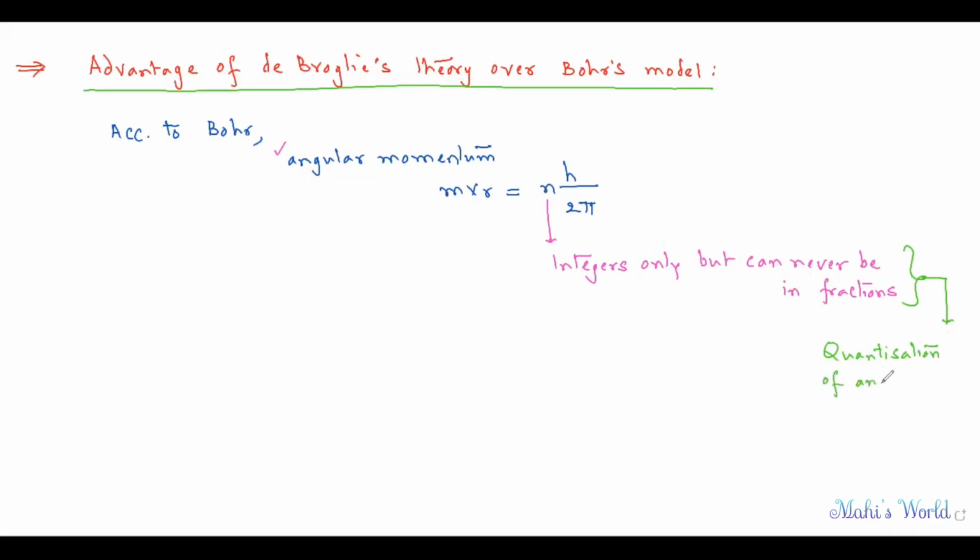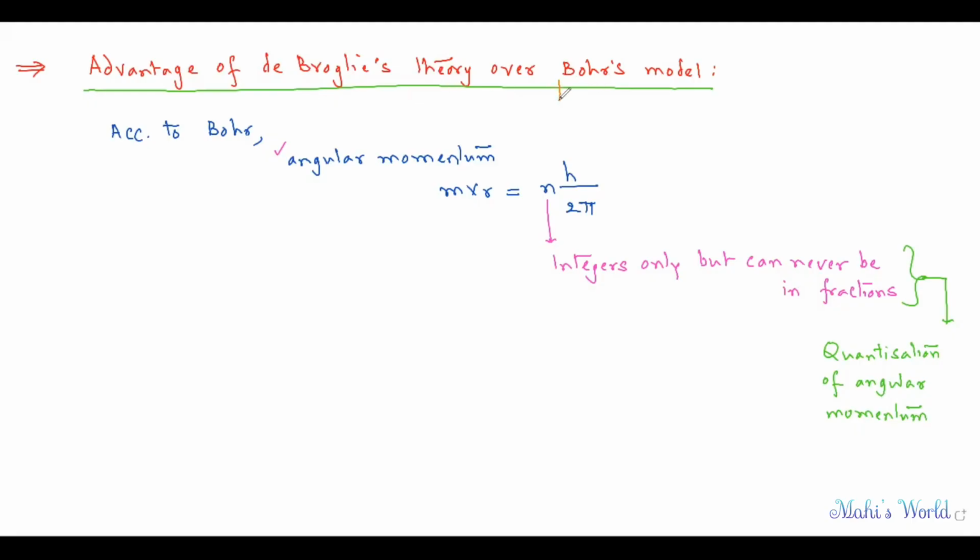But Bohr failed in explaining why n has to take up integral values only. Why can't it be in a fraction? But that was actually explained by de Broglie.